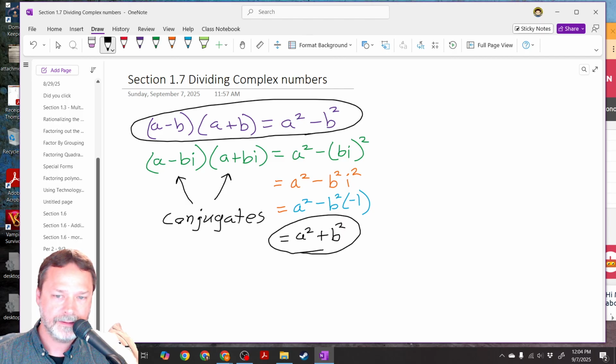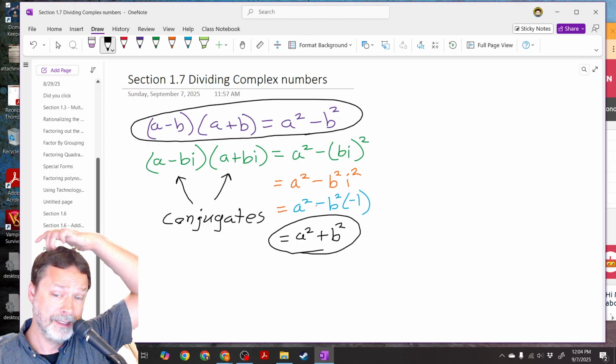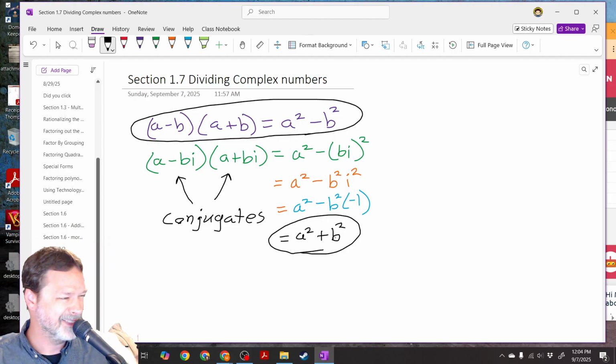And conjugates, when you have the same two terms, but one has a minus in the middle, one has a plus, you get this nice result. A squared minus B squared is a nice result sometimes. And here we get A squared plus B squared. Still, really nice result. We really, really like that. Because when you do that, you notice what happened? The I went away. There's no I. That's going to be important.